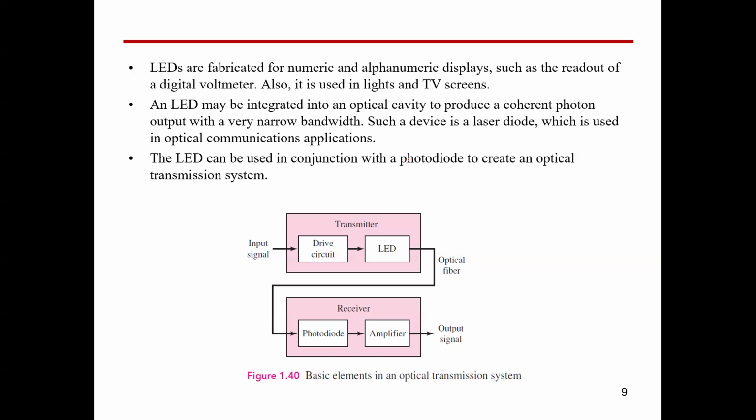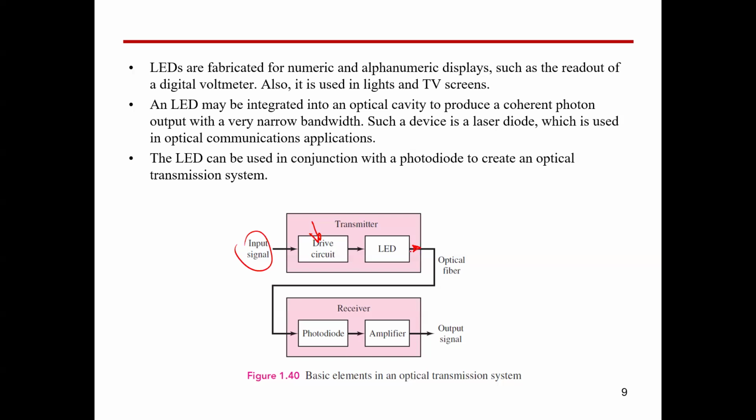Also, the LED can be used in conjunction with the photodiode to create an optical transmission system, and we already discussed one part of this in the optocoupler. So the idea is you will have a certain input signal to your LED, but in order to control the light intensity of an LED, you need an electronic circuit to control the current. We call it a drive circuit. This drive circuit is going to control the current of our LED in order to control the light intensity of the output signal.